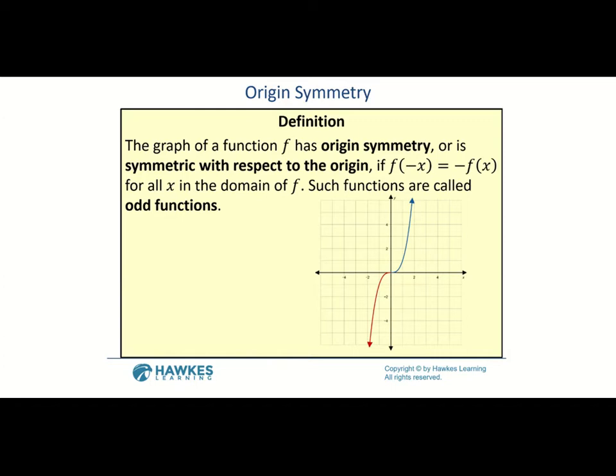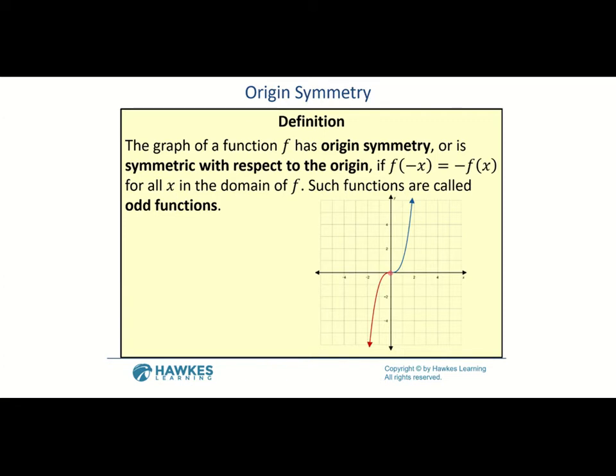If it is symmetric with respect to the origin, which, remember, is the point 0, 0 where the two lines cross, then f of the opposite of x is going to be equal to the opposite of f of x, or think of it like the opposite of y. And this is an odd function.